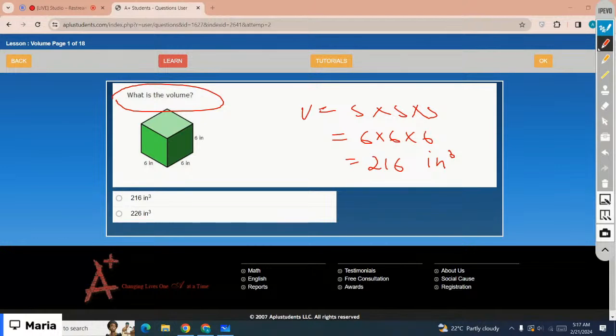The correct option is option number 1, that is 216 inches cube.